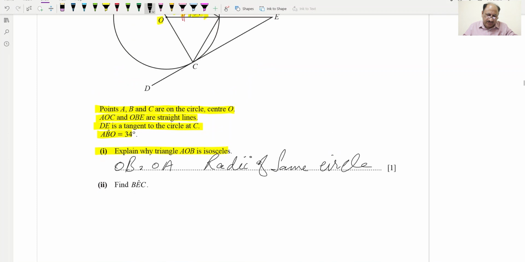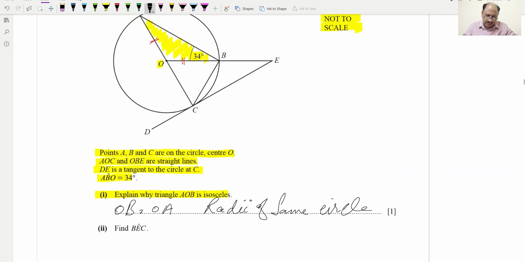Then find BEC. BEC will be this angle, and for this we can say this is 90 degrees, and basically this angle will also be 34, and the remaining angle we can check.